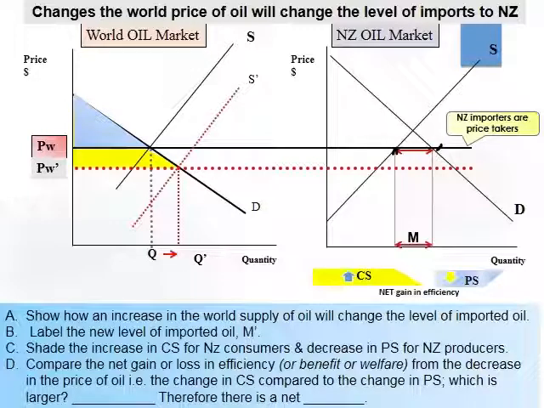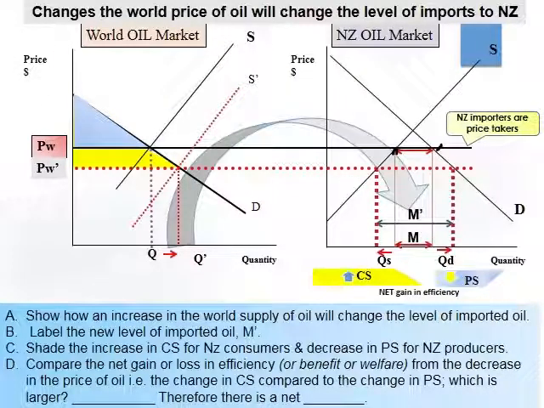Is international trade good for New Zealand? Is importing goods to New Zealand good? And good here means, is there a net gain in efficiency or welfare? Well, let's look. The right-hand graph. New Zealand imports increase, represented by the shortage, which is larger at the lower price because New Zealand producers are less willing to supply.